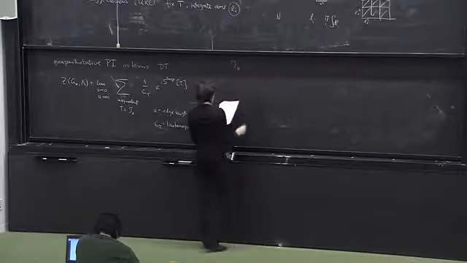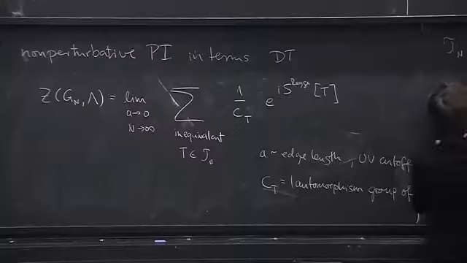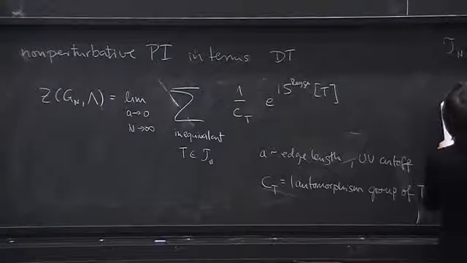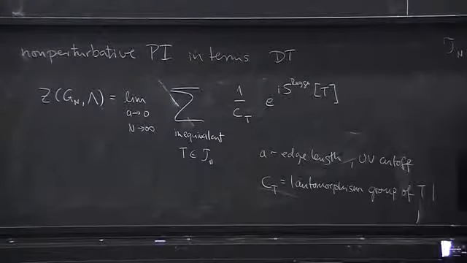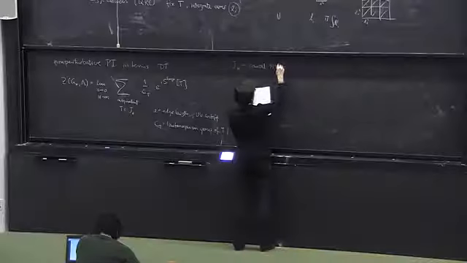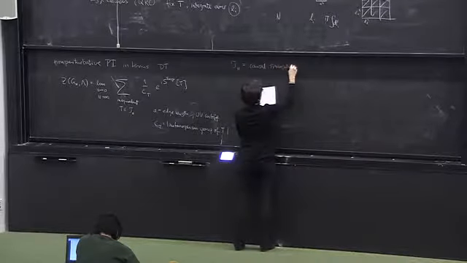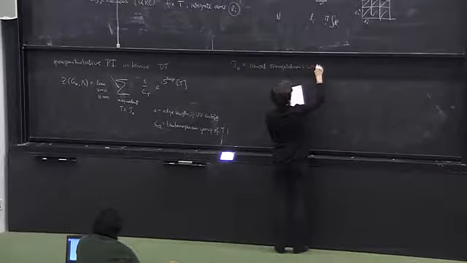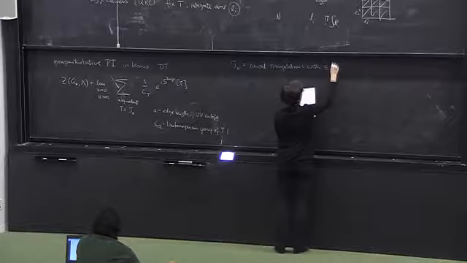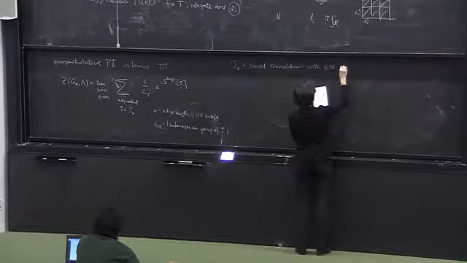And this space, curly T_N, are all causal triangulations, so Lorentzian triangulations, with no more than N building blocks.